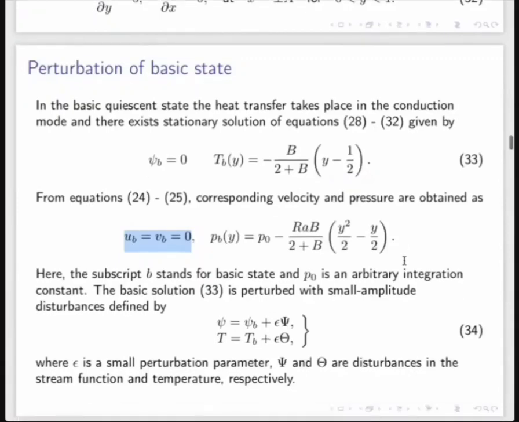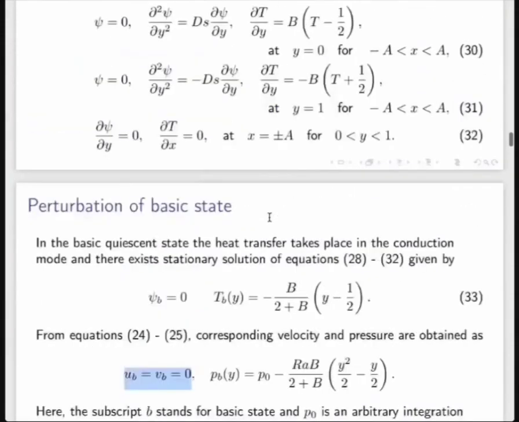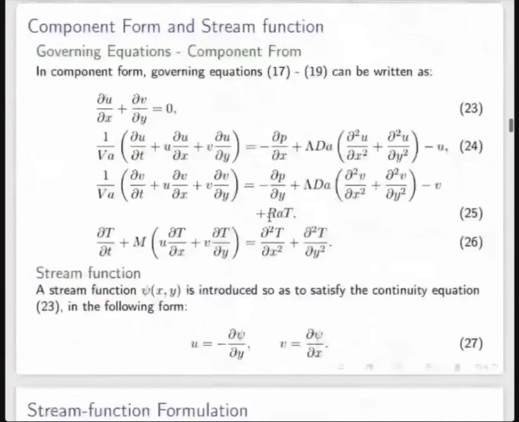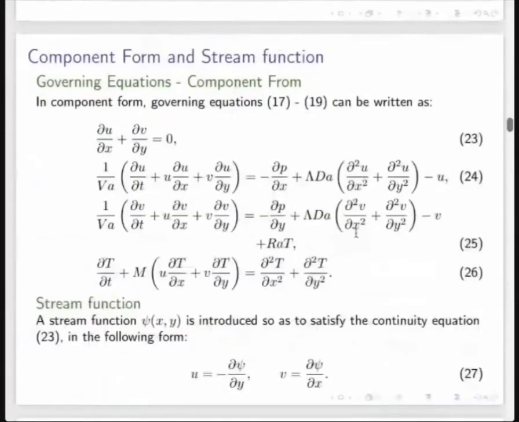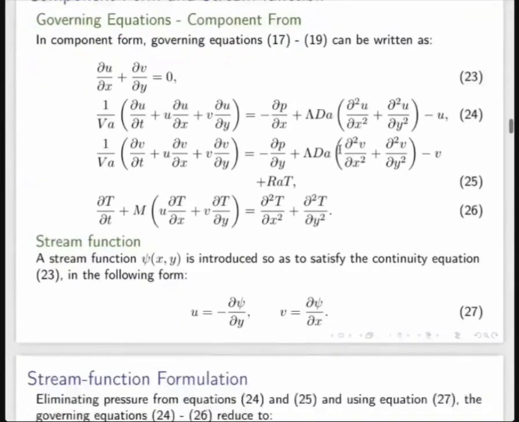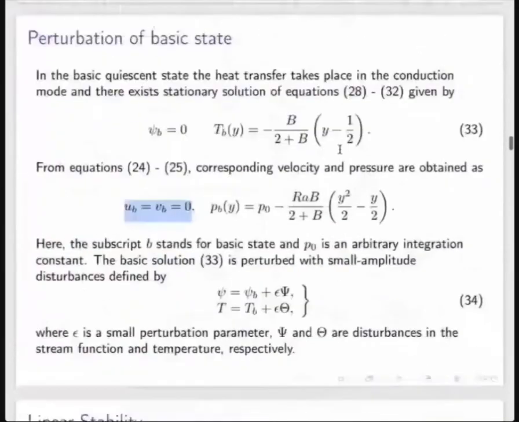And you can get the pressure in the basic state by using equation 25, by balancing the pressure with the buoyancy term in the quiescent state.